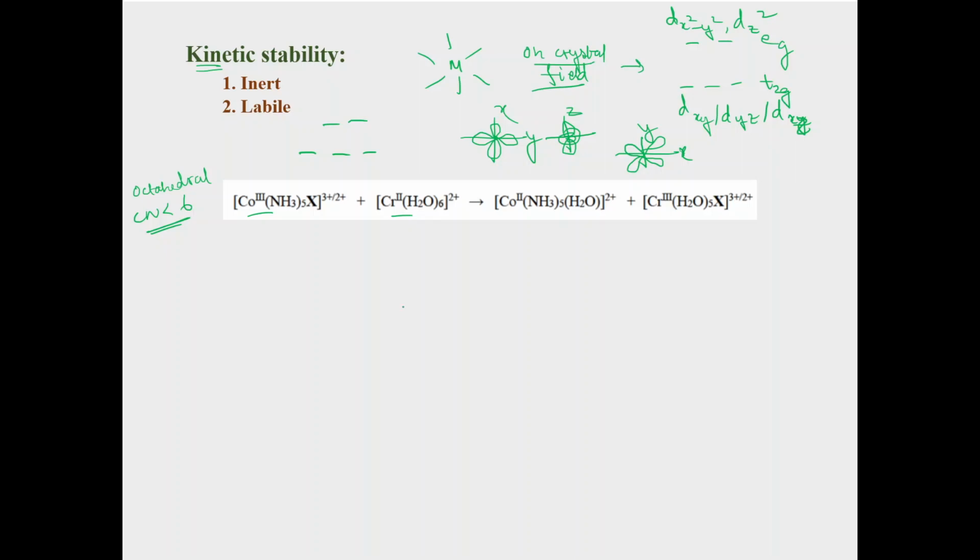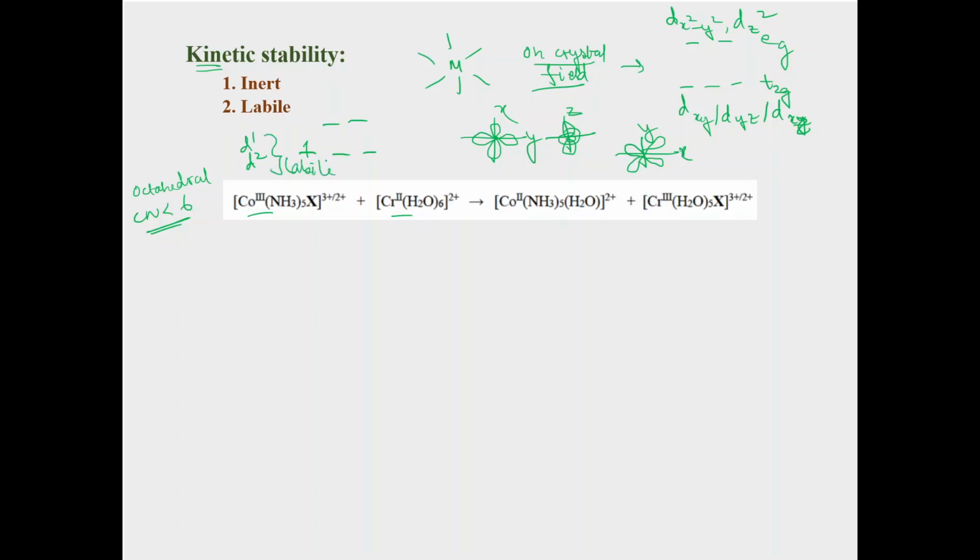That is one case when the complex is labile. Also, if we have a d1 system, it is also labile, because the T2g is not completely filled, so electrons can come into these orbitals as well. So d1 and d2 systems are labile in nature.